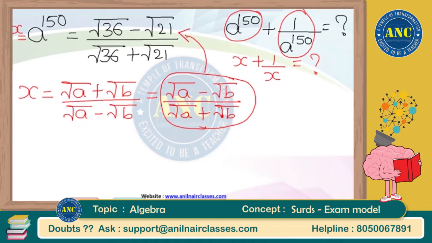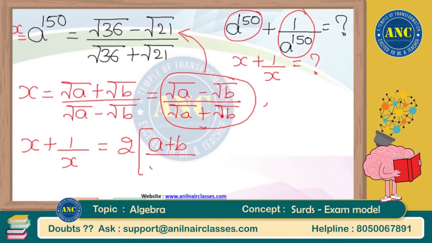This is similar to what is given in the question. Then we already know that x plus 1 by x is equal to 2 times (a plus b) divided by (a minus b). This is true for both the notations, sir. If you really want to, you can prove it.